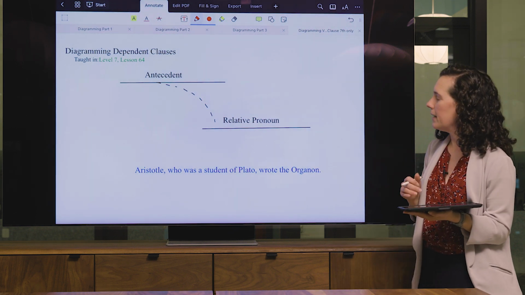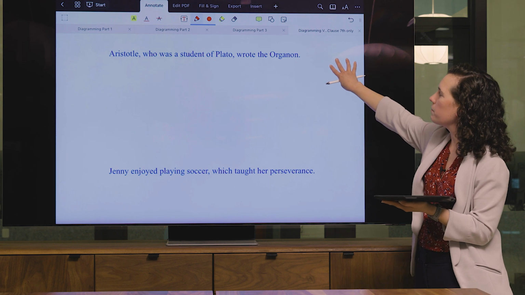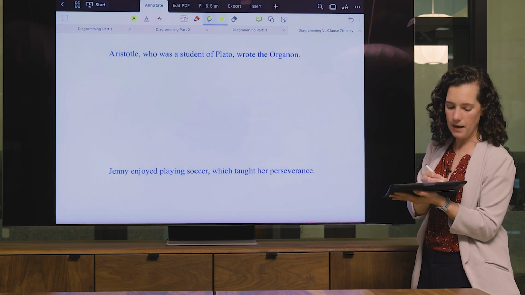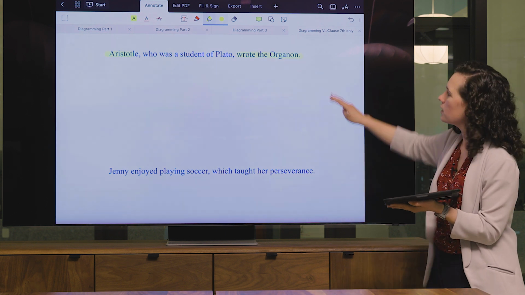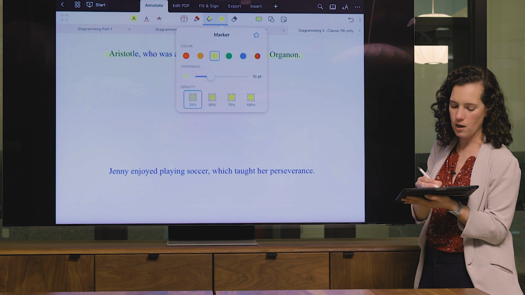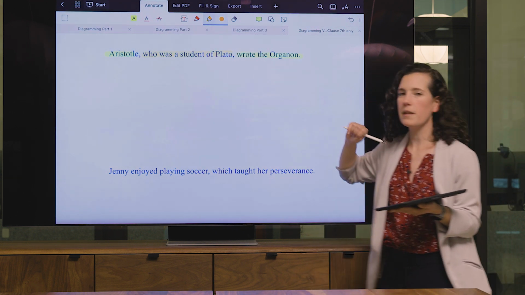Let's look at this one about Aristotle. Aristotle, who was a student of Plato, wrote the Organon. Our independent clause is this part. Aristotle wrote the Organon. The dependent clause is this middle part, who was a student of Plato.